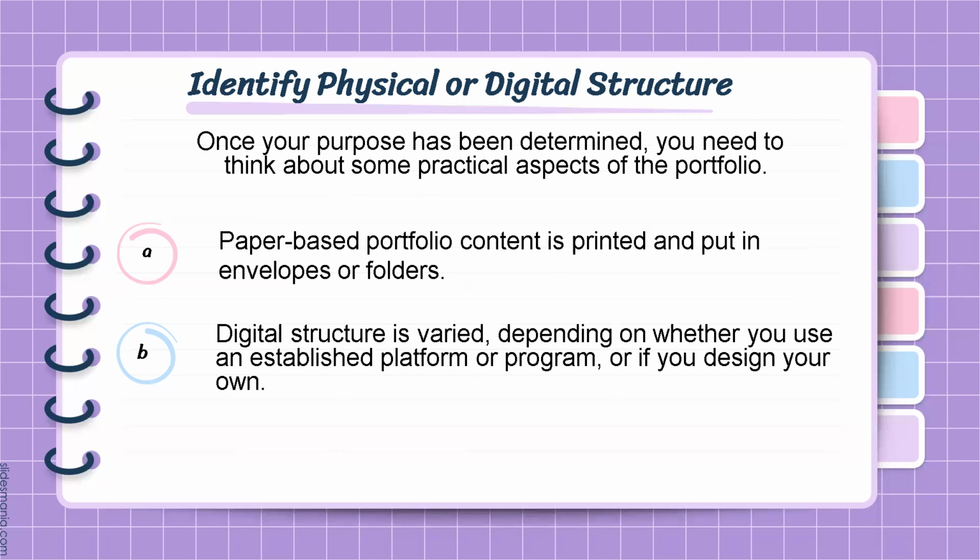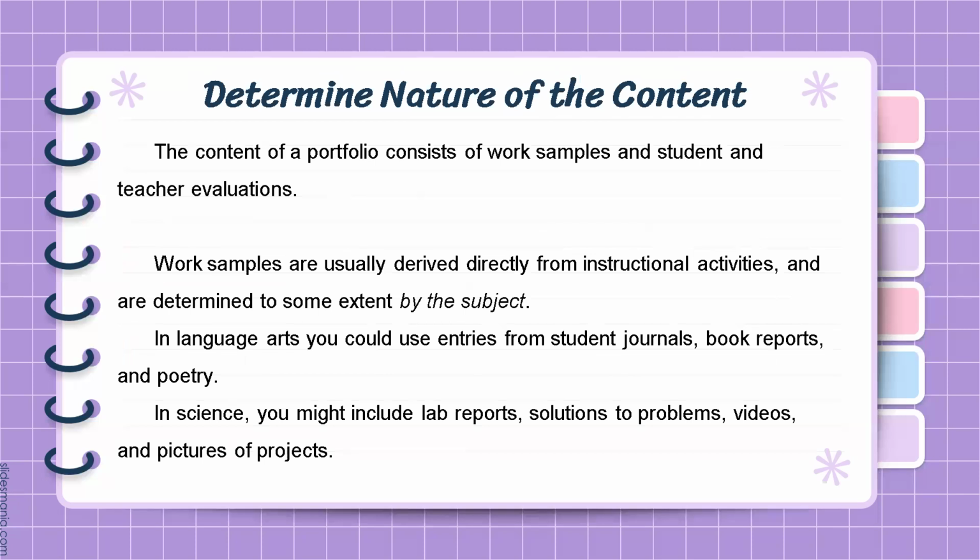And after identifying the physical or digital structure, we need to determine the nature of the content. The content of a portfolio consists of work samples and student-teacher evaluations. Work samples are usually derived directly from instructional activities and are determined to some extent by the subject.